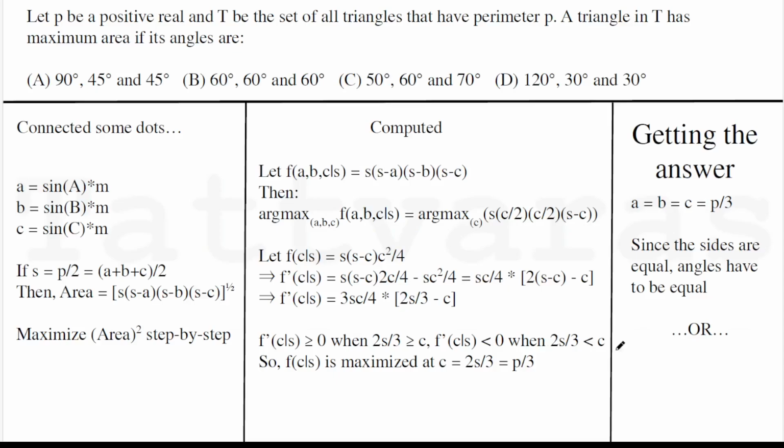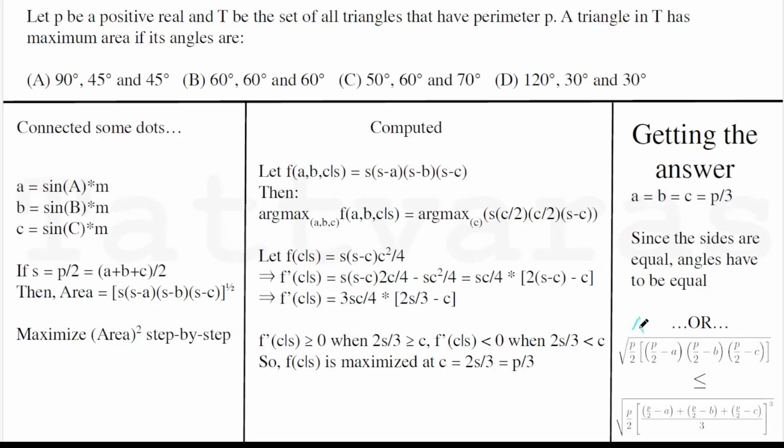But there was another way to go about this, and that was the AM-GM inequality. Notice that when we take the geometric mean of these terms, which is less than or equal to the arithmetic mean, and then take the cube on both sides and multiply with s, we get something like this. And then when we take the square root, we get the area of the triangle, that, and whatever this is.